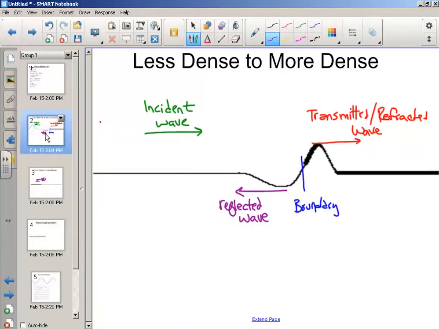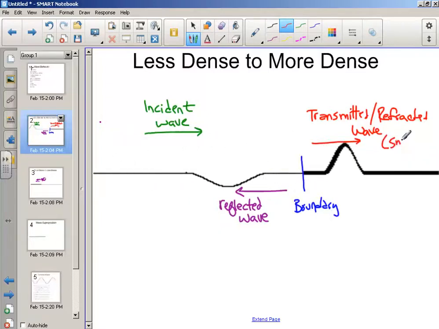Now the transmitted wave is something else that's different. Not only does the reflection come back on different sides depending upon whether you go from less dense to more dense, but look at the transmission. Here, this wave comes in very large and then gets very small. The transmitted wave is smaller.